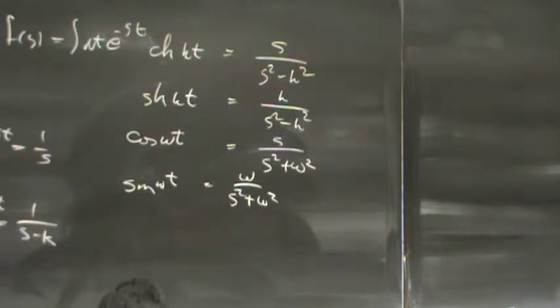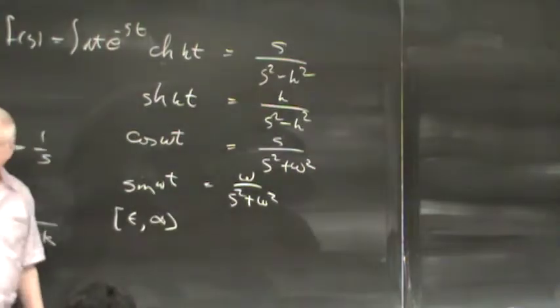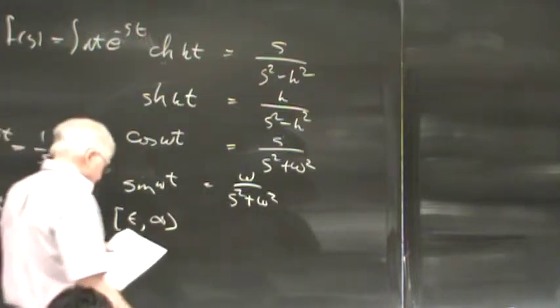It's square integrable on a certain interval, epsilon comma infinity. You mean the Laplace transform is square integrable? Yes, okay, I understand now. And otherwise it would be divergent at 0 because the Laplace transform is 1 over s. I understand. Okay.